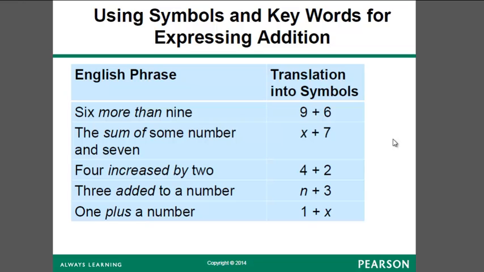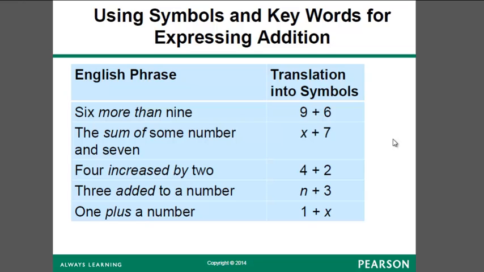The sum of some number, doesn't matter what number, and 7. Anytime you have something that says some number, that means to put a variable in there. Now then, be careful. Make sure that you watch your instructions. Many times it will tell you to use an x or an m, something of that nature.